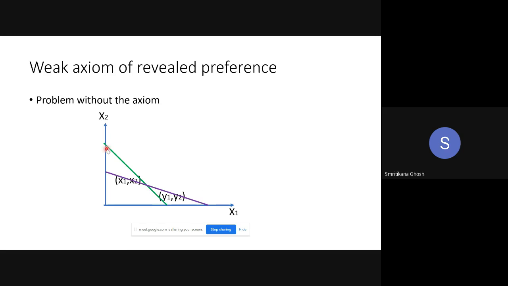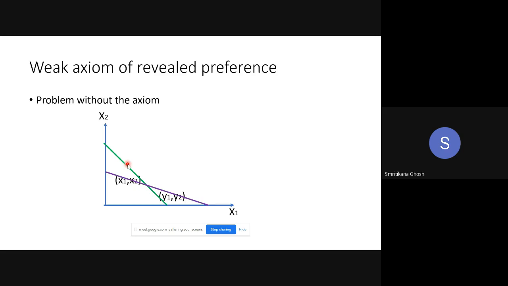So this is the reality. There are two budget lines, one green and one purple. Say the initial budget line is the green one.